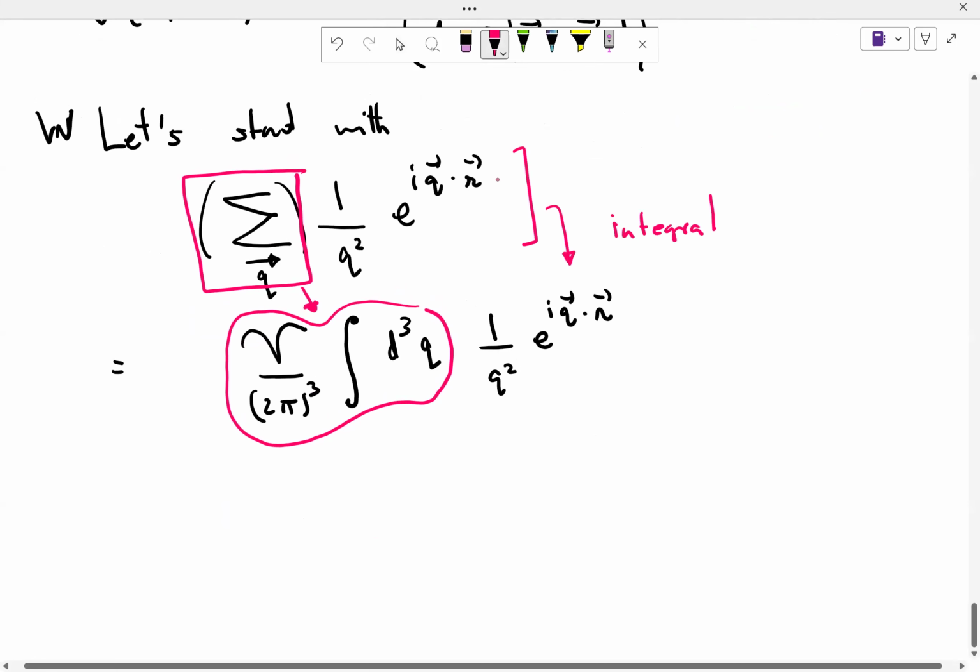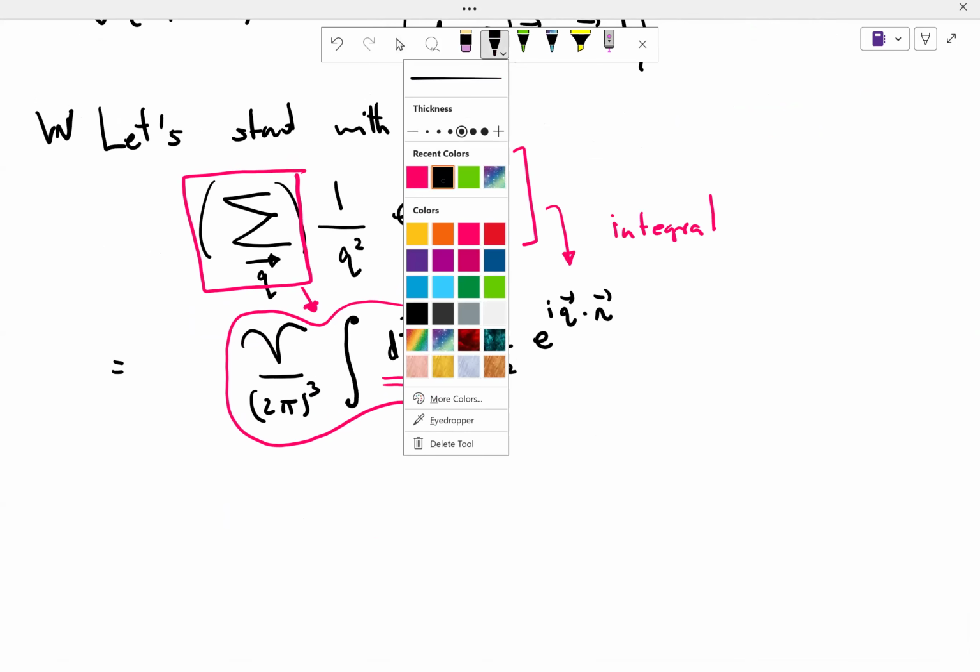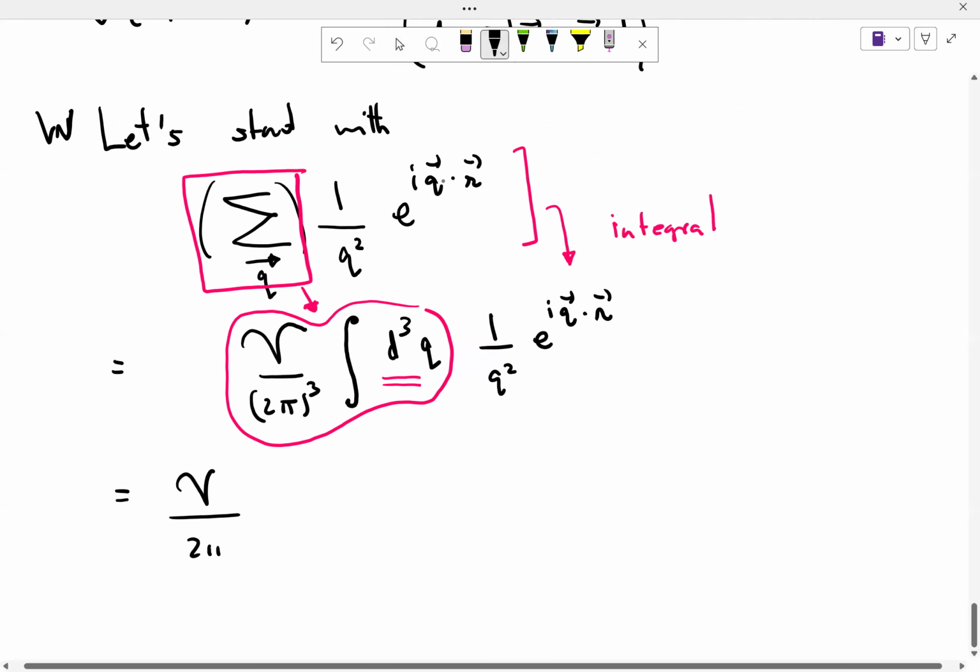Now this integral can be solved pretty easily. If you're in the three-dimensional space and the three-dimensional volume element becomes V over 2 pi cubed, this becomes a three-dimensional integral. One is with respect to phi, one is with respect to theta, one is with respect to q, and we also have q squared sine theta, which is the metric.